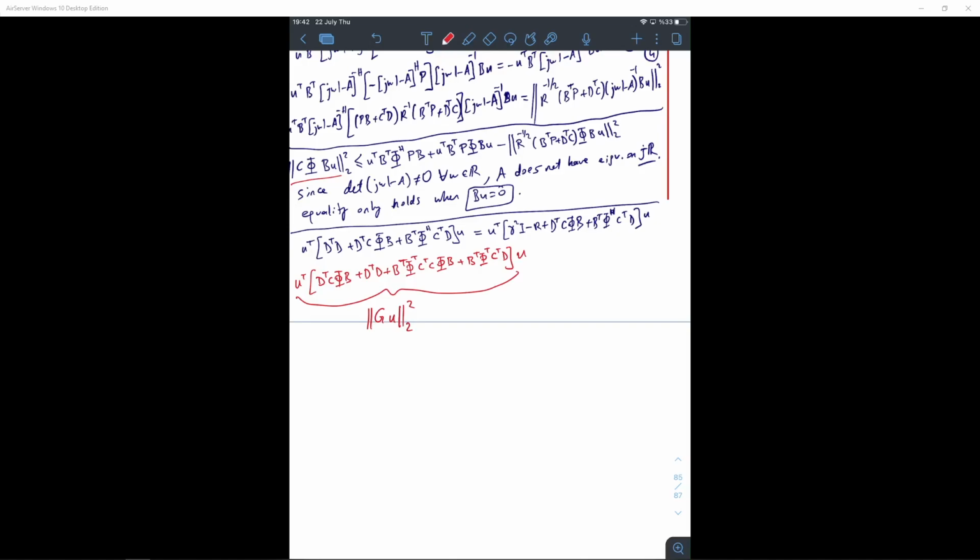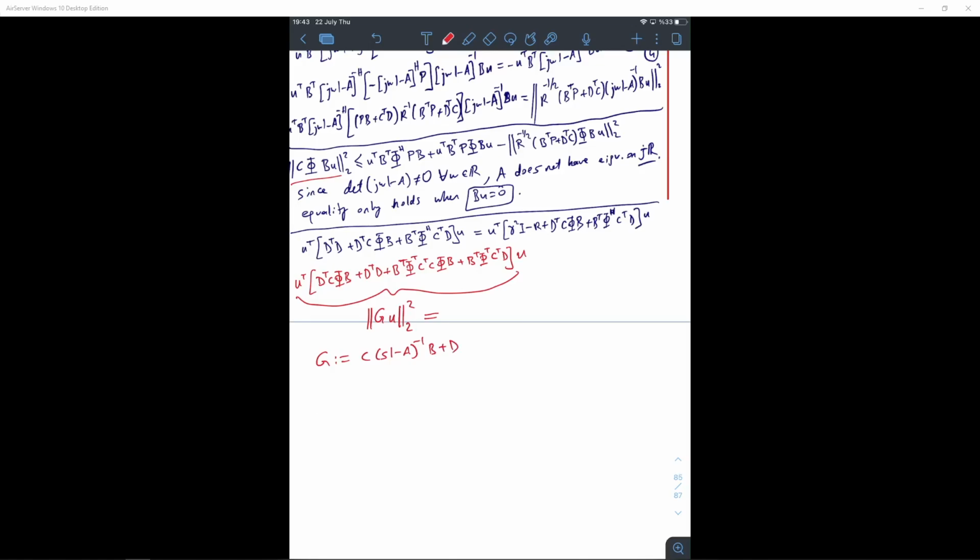And before you say, how could you get this? Let me just, okay, let's remember what G is. C sI minus A inverse B plus D, right? Okay.